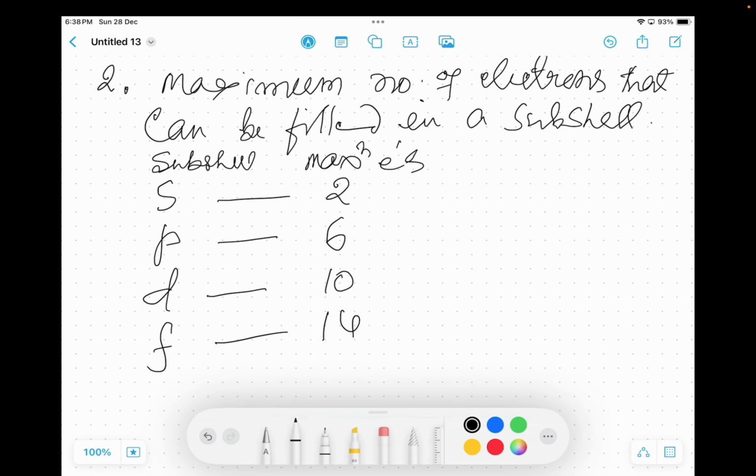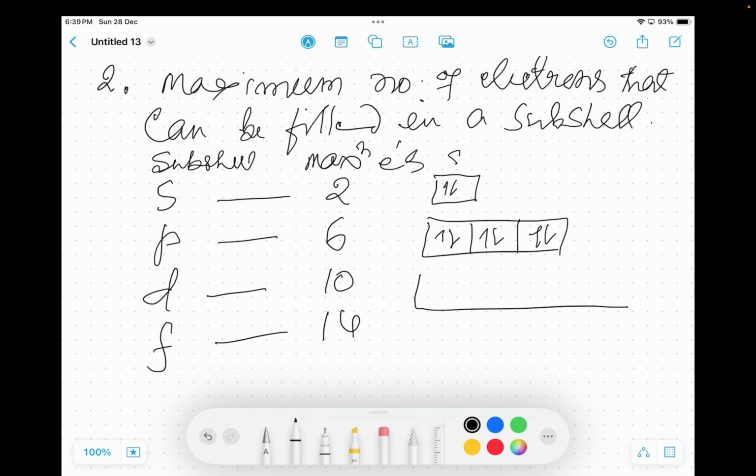In another way, we can also understand: since S subcell has one orbital, that means one box, and each orbital can get maximum of 2 electrons. So S subcell can only add 2 electrons. P subcell has 3 orbitals, each with the capacity of maximum 2 electrons, so there will be 6 electrons maximum in P subcell.